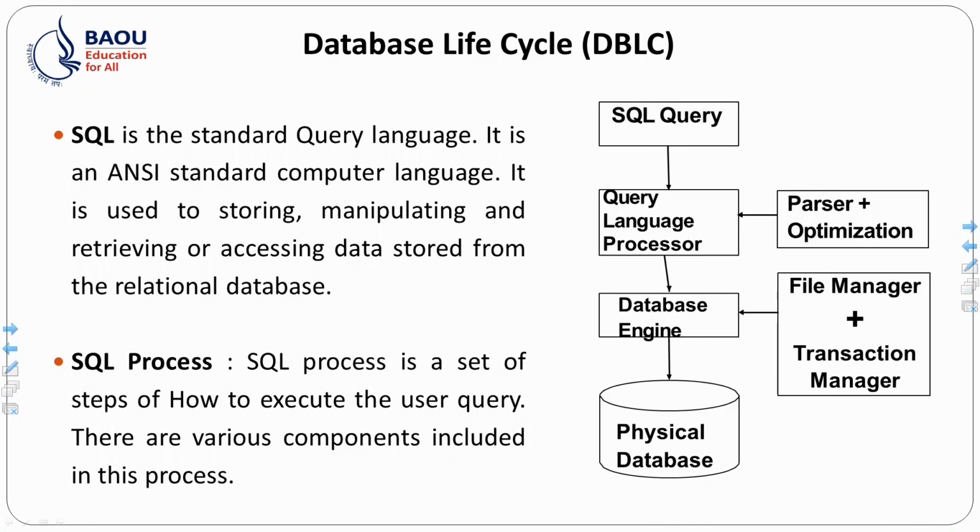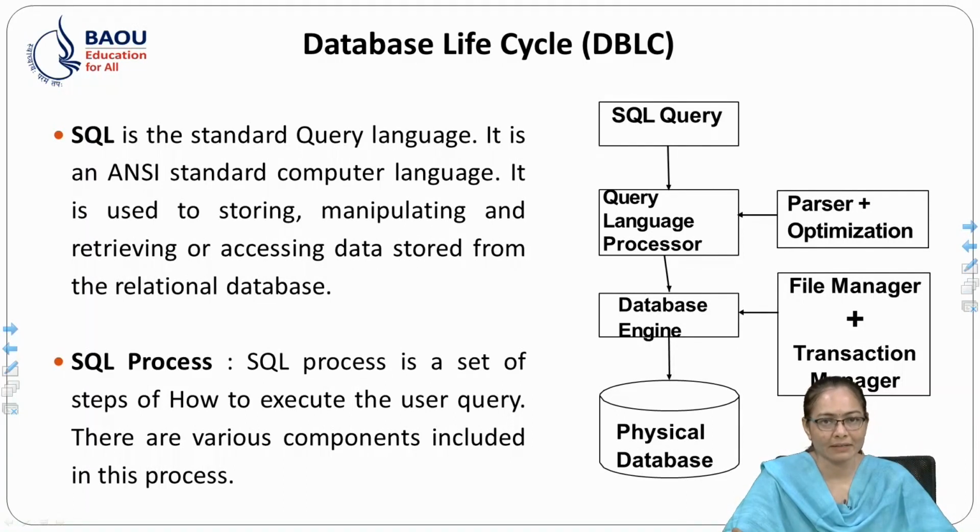Now, what is optimization? It is a process of using the SQL queries in the best possible way to get accurate and fast database results. It is a process in which multiple query execution plans for satisfying the query are examined and the most efficient query plan is selected for execution.